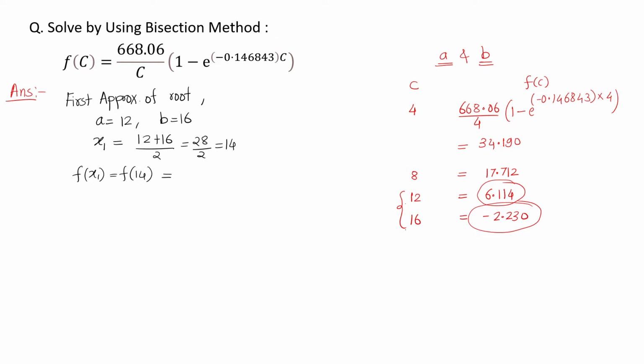and it comes out to be function value 1.611. So at x1 the function value is greater than 0. Therefore, for the second approximation of the root, now we have to replace, since f of x1 is greater than 0.